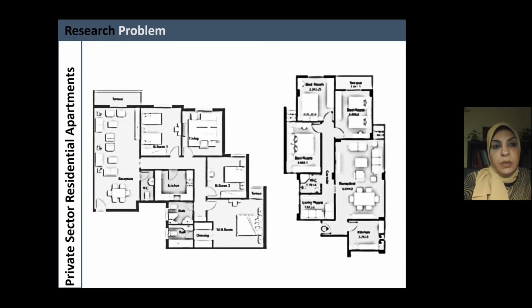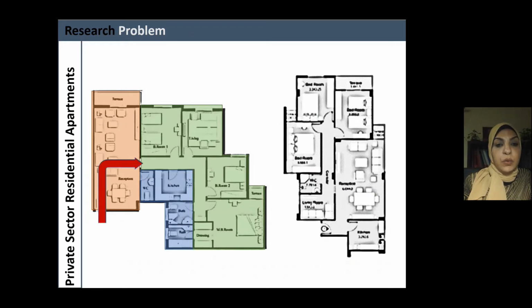To go directly to the research problem, here we are presenting two models that are currently advertised in the market, introduced by private sectors in Egypt. Both models have a semi-private zone and a private zone, including the bedrooms and the service area.